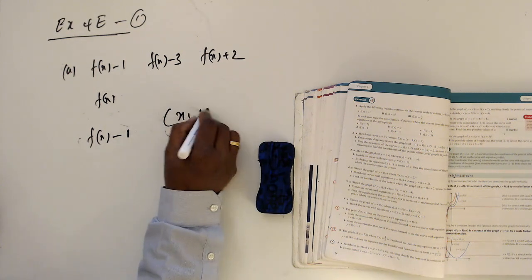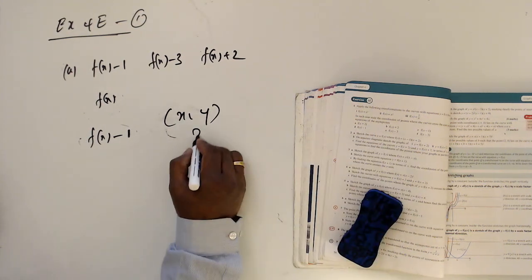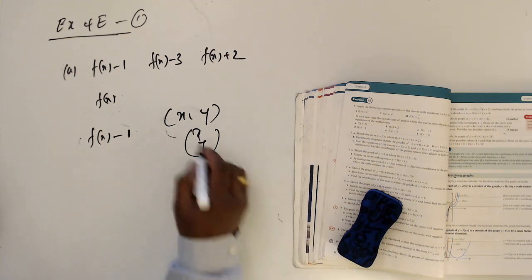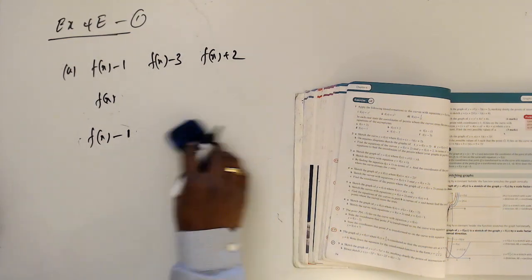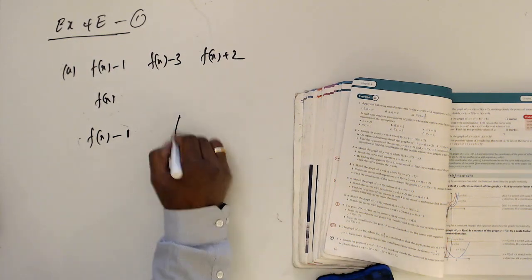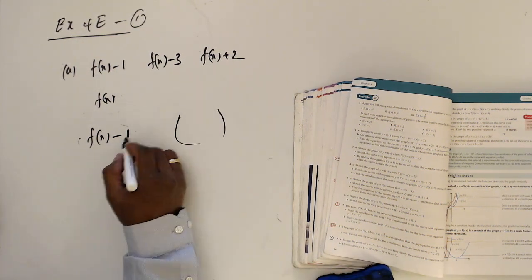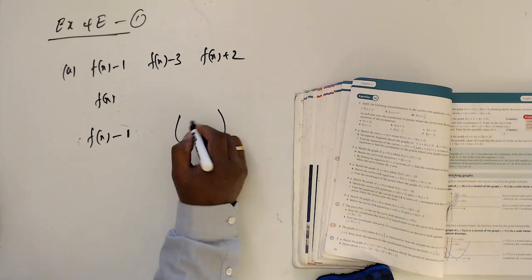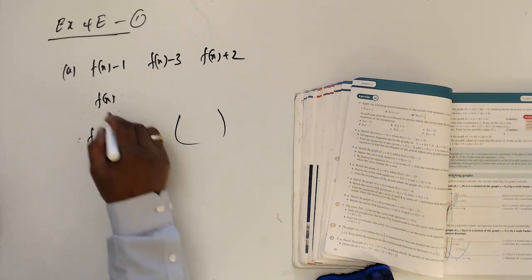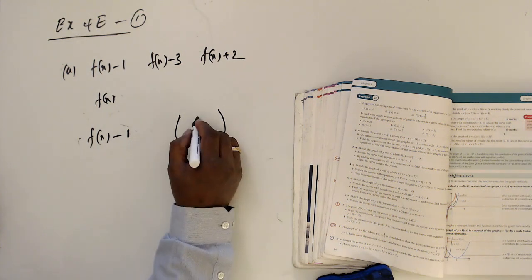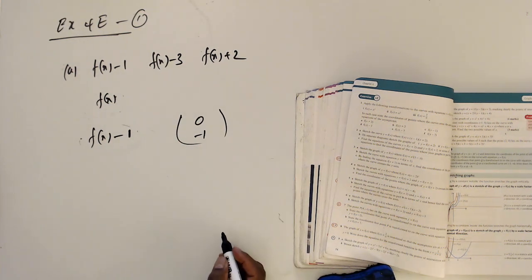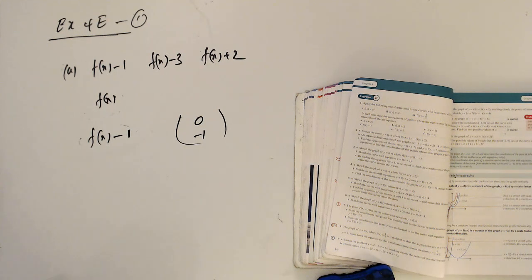This is xy coordinate form; we can also write it in vector form. So I will write in vector form. It means the original graph we want to shift down by 1, and we can write it like this in vector form.